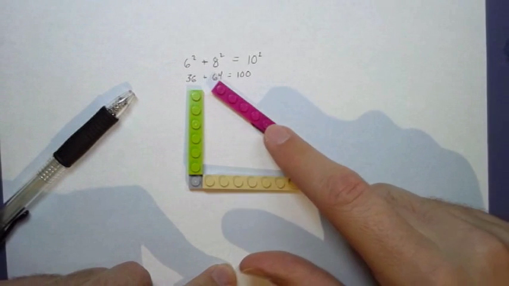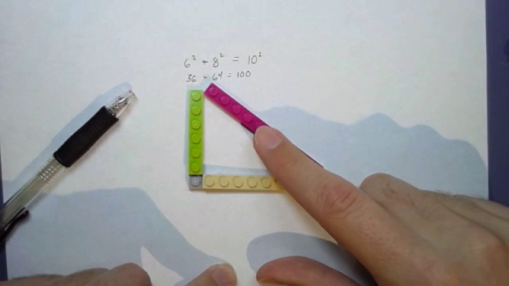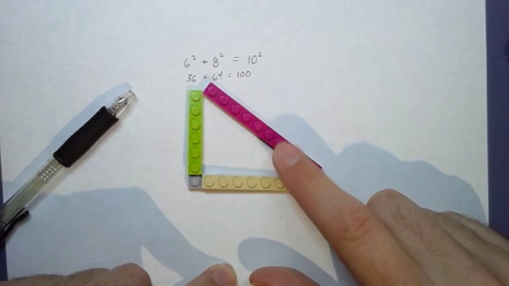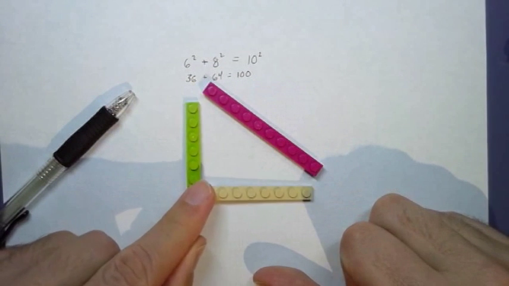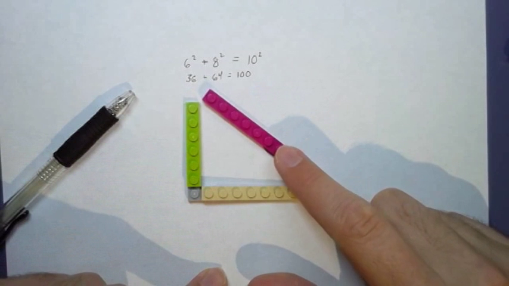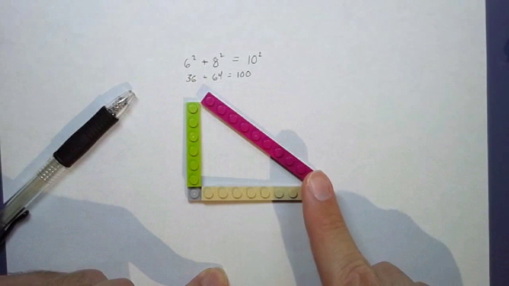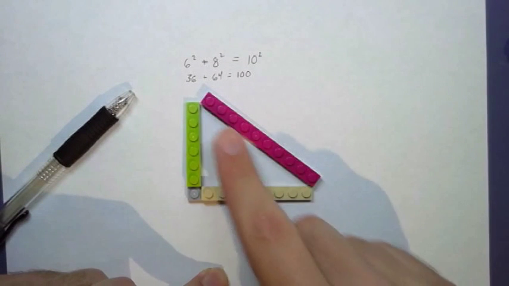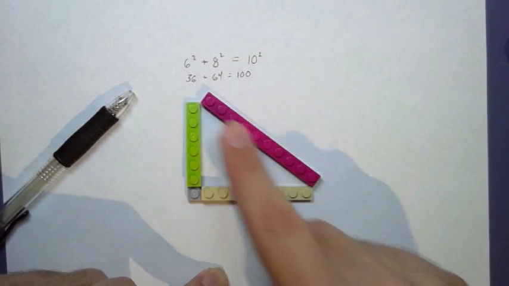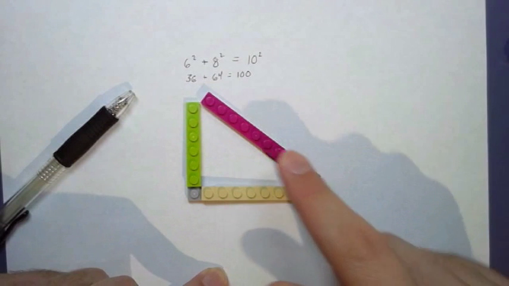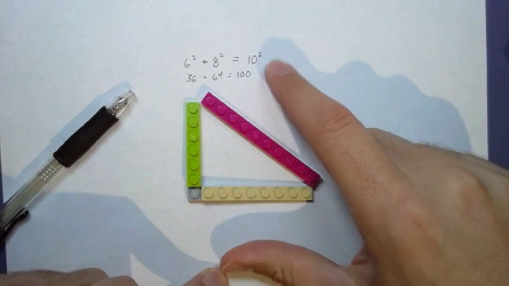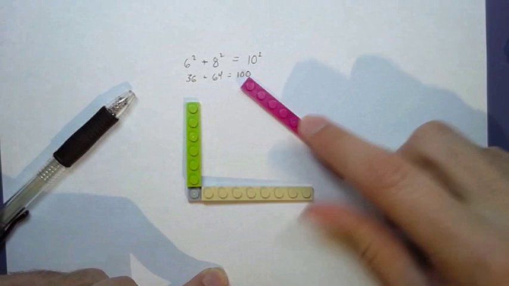So let's consider what would happen if we did not have a right triangle. Well, you still did a calculation to figure out what your hypothetical hypotenuse, what your hypothetical long side of your triangle would be to make a right triangle. So this is always going to be true for your Pythagorean theorem.